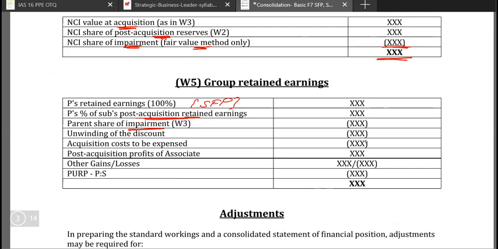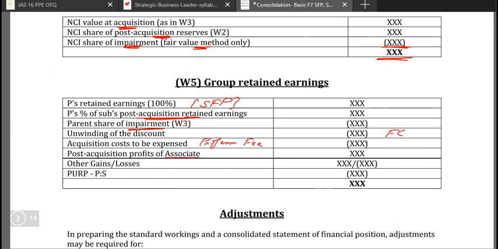So what we are doing, unwinding of discount, because this was finance cost, so we are deducting it. Acquisition cost, such as professional fee. What is that? Professional fee means, for example, when the parent was acquiring the subsidiary, they gave some fee to the firm for assessment. So that professional fee will be deducted because this is an expense.